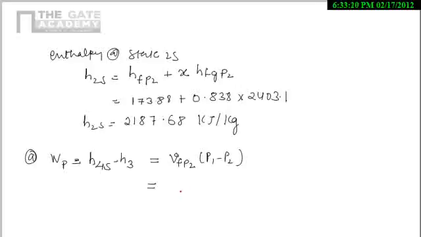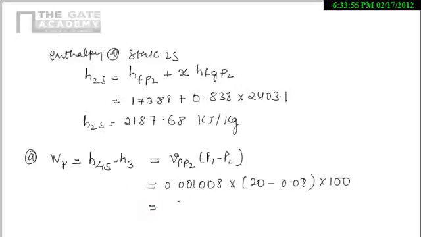As per the steam table, vf at P2 is 0.001008 into the difference P1 minus P2. The difference will be 19.92, because we have 20 bar as P1 and 0.08 bar, so 19.92. We have to convert, because these pressures are given in bar, so we convert into kilonewton per meter square.